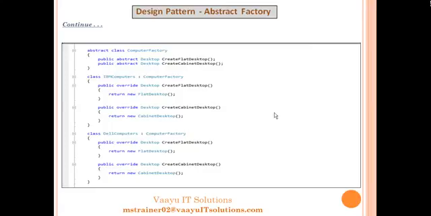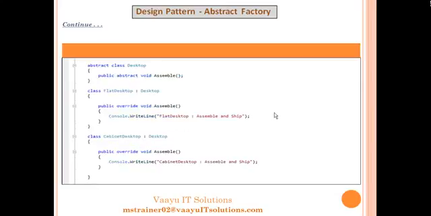Now you see that in this abstract factory we are not using the constructor directly anywhere. Obviously we use constructors to create the objects, but we are not using them directly. This is our product base class, the abstract class product. It has one method, assemble. The desktop class is inherited by two classes, flat desktop and cabinet desktop.